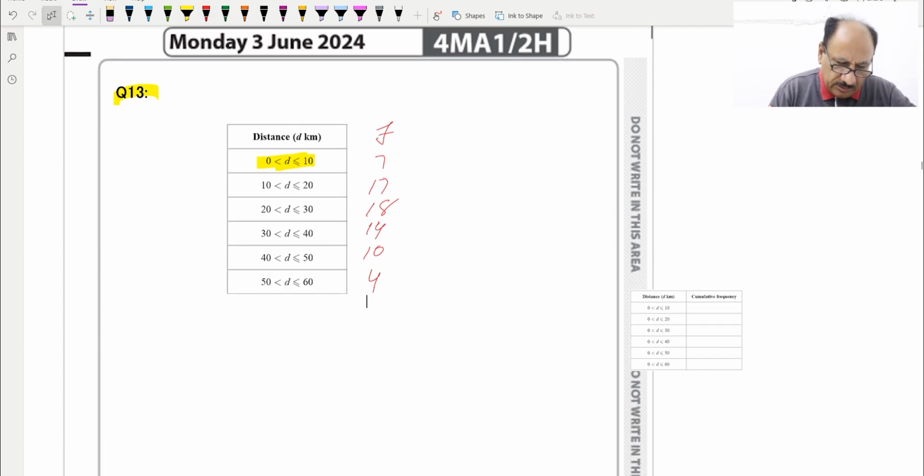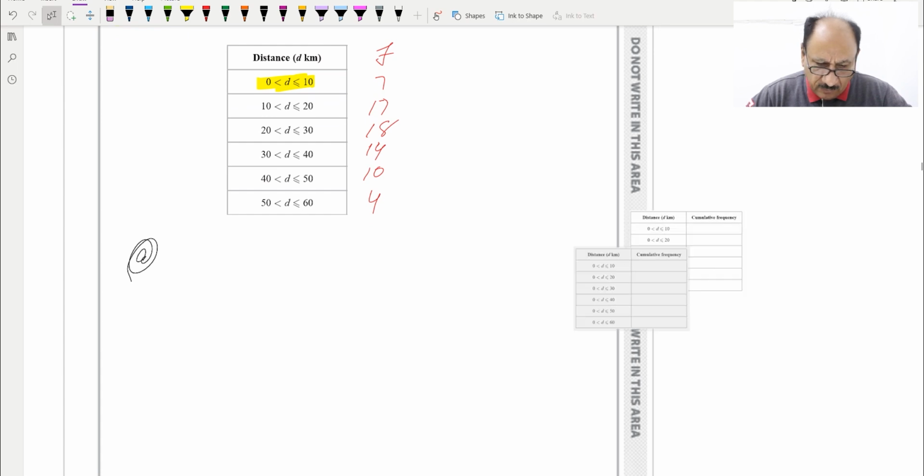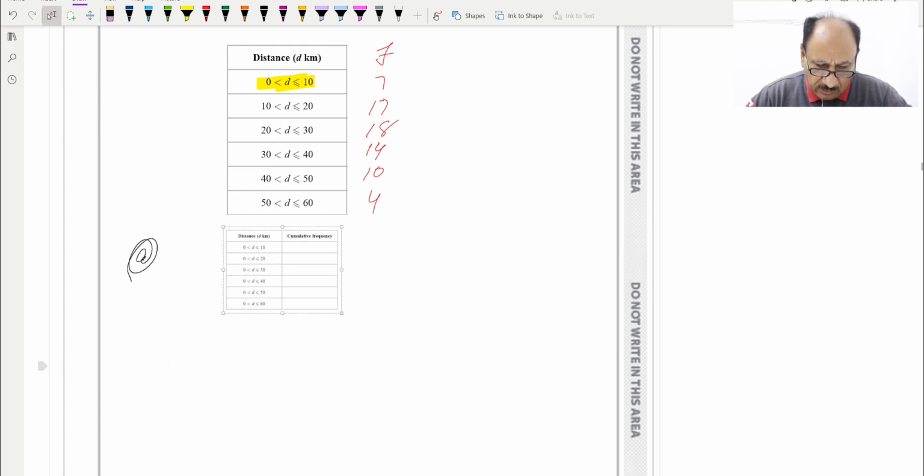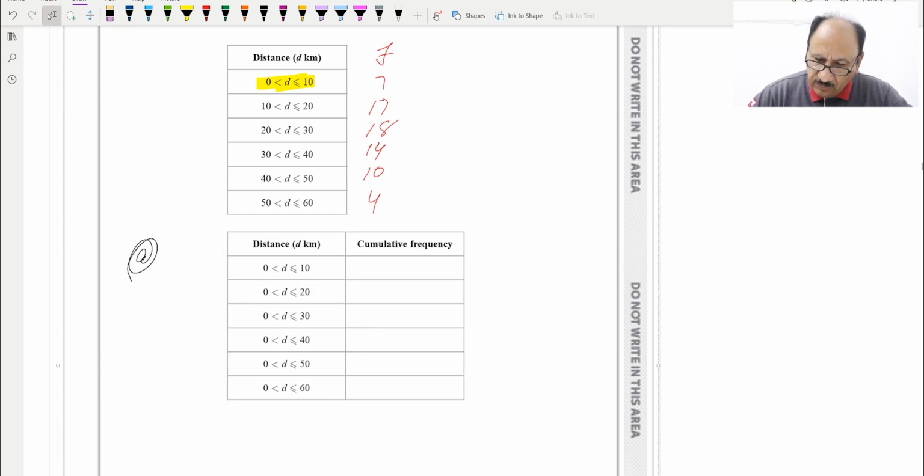And A part is we need to complete the cumulative frequency table, and we can see this is the cumulative frequency table which we need to complete.